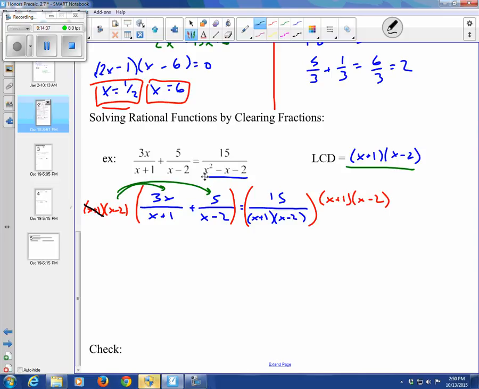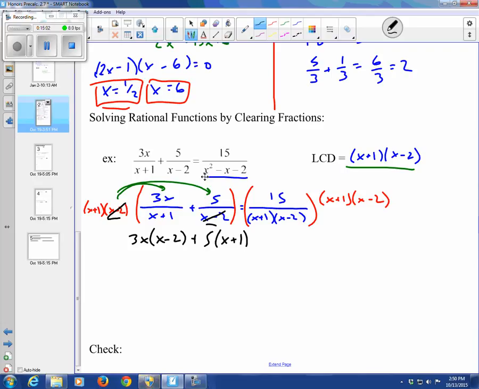So right here we'd get 3x times x minus 2 when we multiply into the first term. Then when I multiply into the second term, what I'm seeing cancel is my x minus 2, right? Since right here, we are multiplying by x minus 2 and dividing by x minus 2. That's what's going to cancel there, and so we're going to get plus 5 times the linear factor x plus 1.